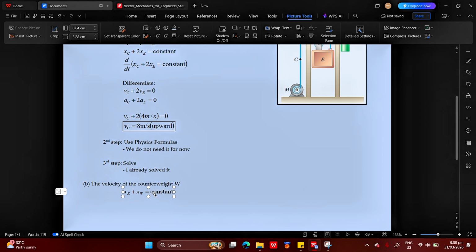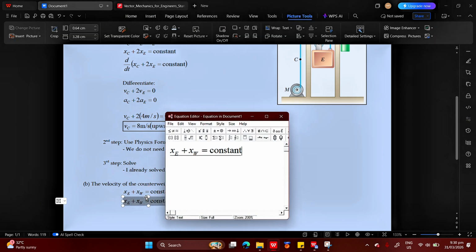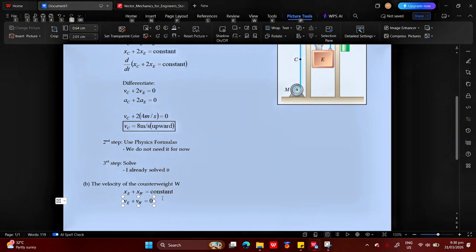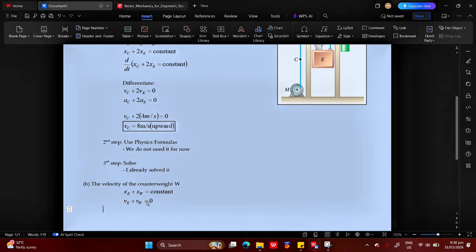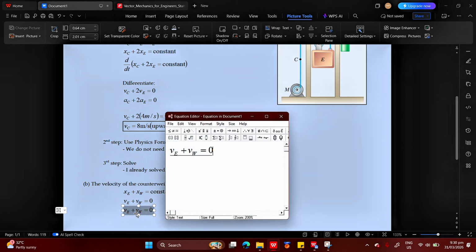And if you differentiate this, I will make it into shortcut because I believe you already understand the concept. If you differentiate, the constant will become 0, and then x will become v, x will become v, that's it. And then solve for VW, counterweight.